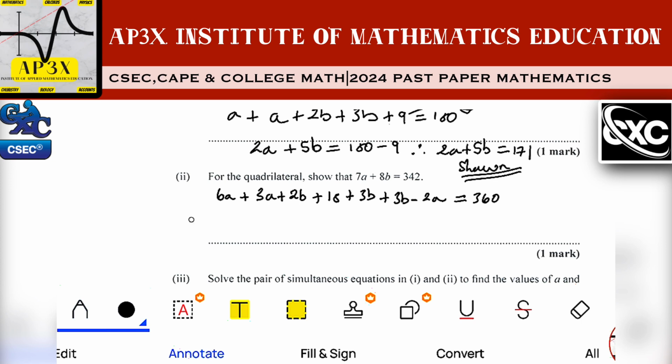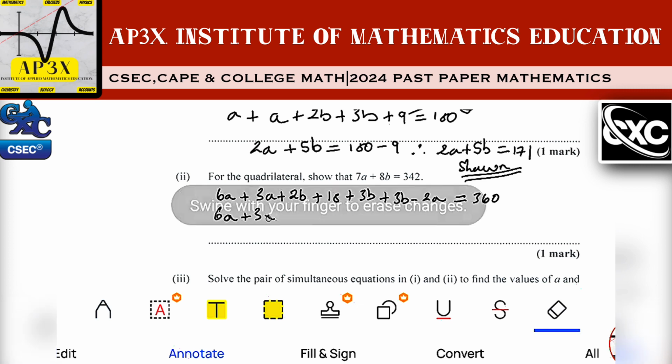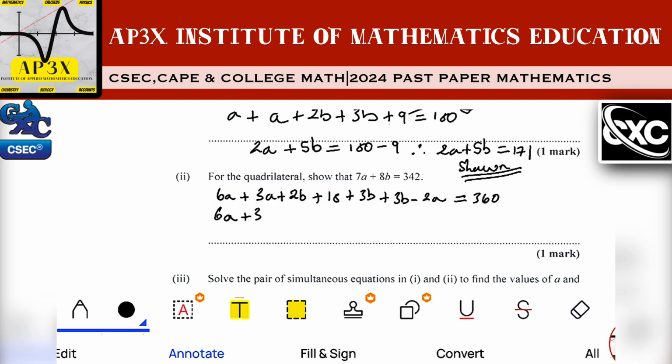All right, let's go ahead and group like terms. So we have this 6a here, and we have this 3a here. Again guys, if you're advanced enough, you don't have to do all this writing. You can just add it mentally. So that's 6a plus 3a. Let's scroll along here. We have another 2a out here, so that's minus 2a.